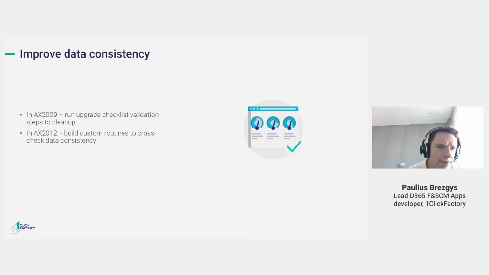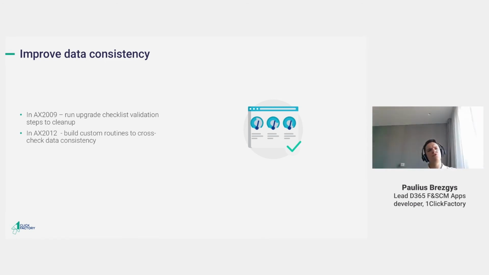In AX 2012, there's no such good tool. If you want to check data consistency in AX 2012, there's a good chance that your data is more consistent than AX 2009, from my experience. But still, if you want to check some particular ones, usually just build some simple SQL scripts.